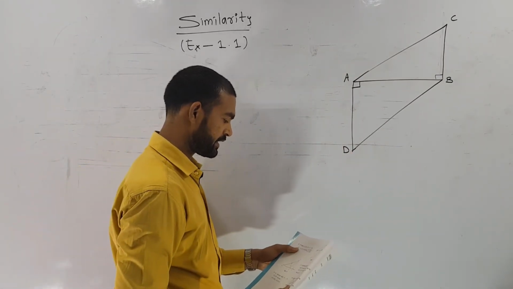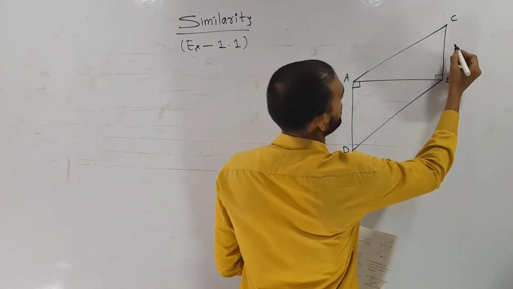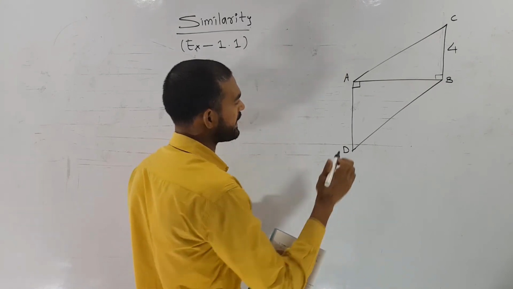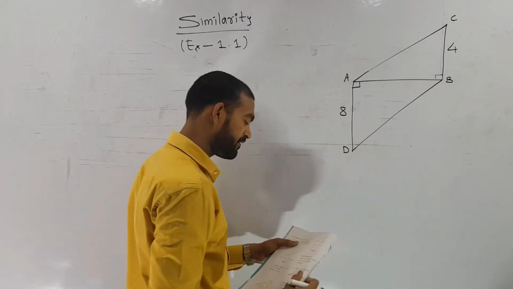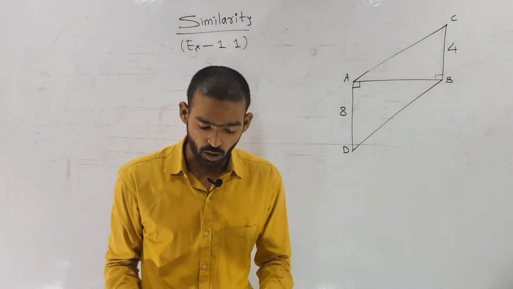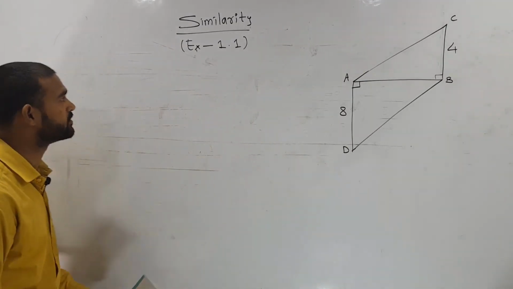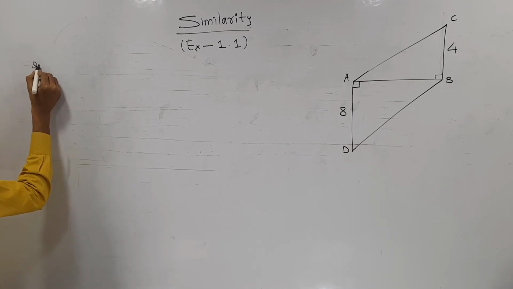Here BC is 4 and AD is 8, and we need to find the ratio of the two triangles ABC and ADB. So it is your question number 2.